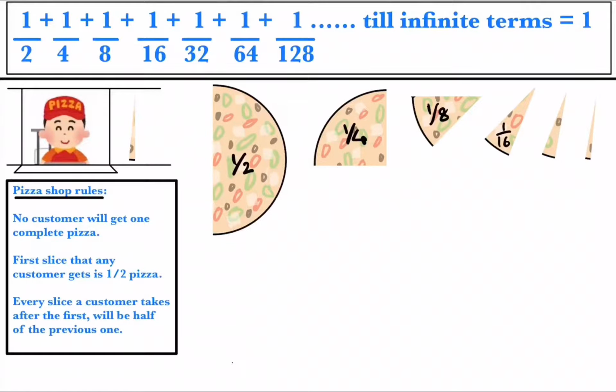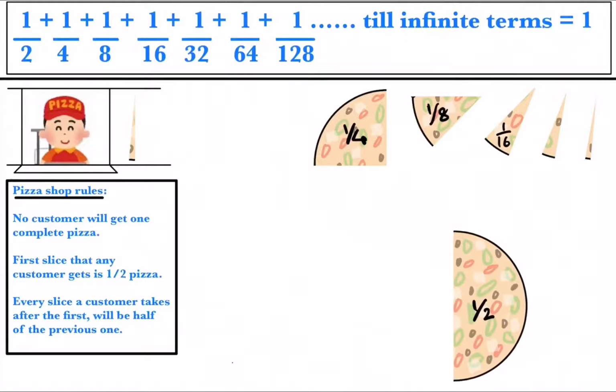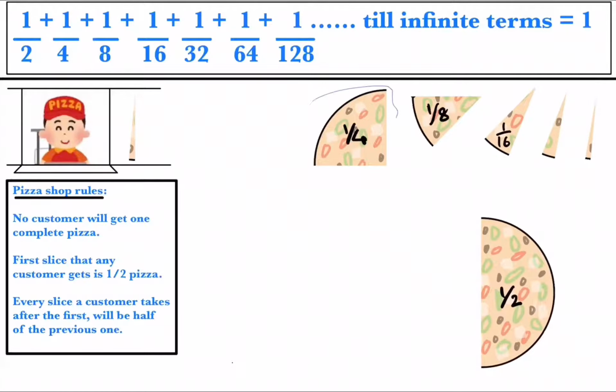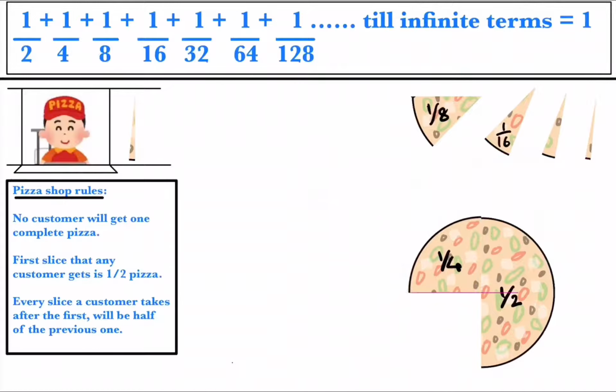Okay, so let's begin with the very first slice. So here we have our first slice. Now the second slice is 1/4 of the total pizza. I'm gonna club this 1/4 piece with the half.